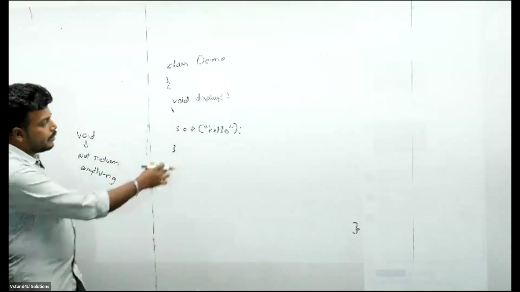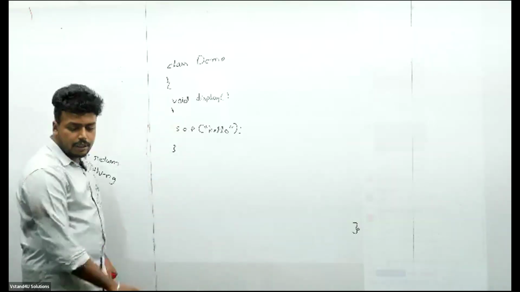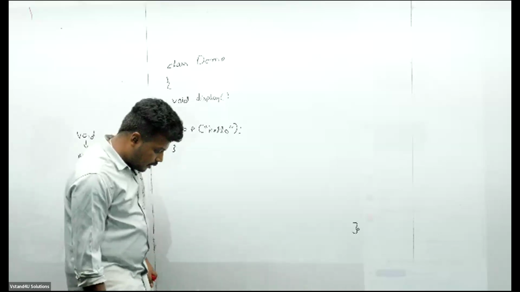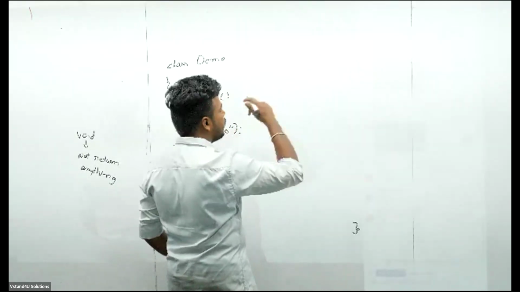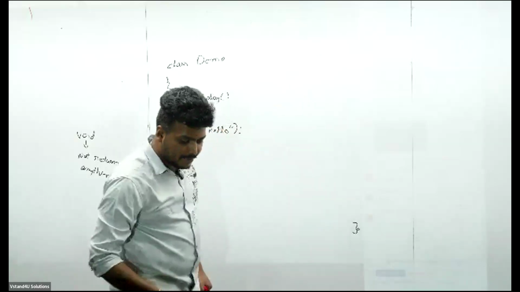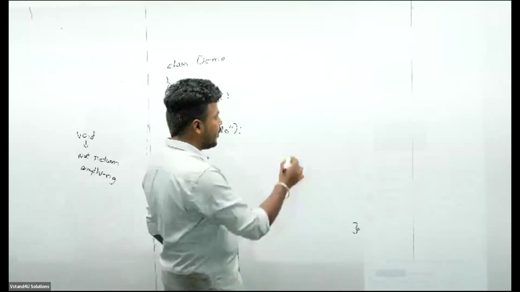For that sake I put void here for the function: void display. Okay, what is the next step? Main method.